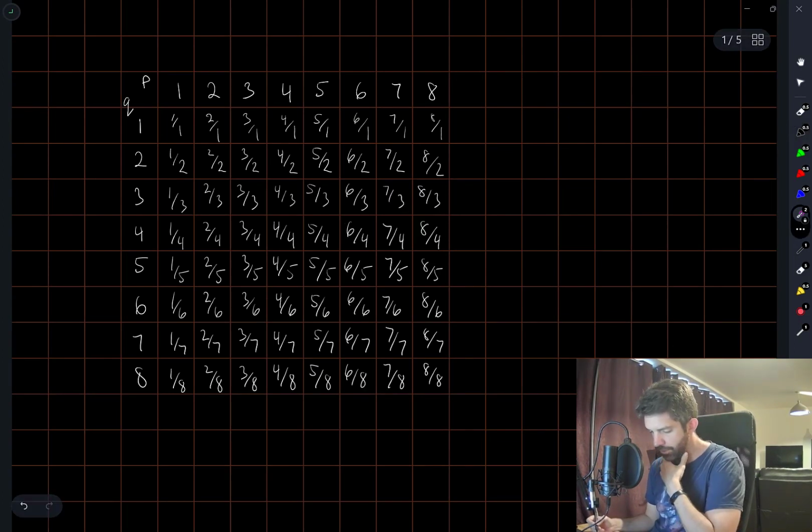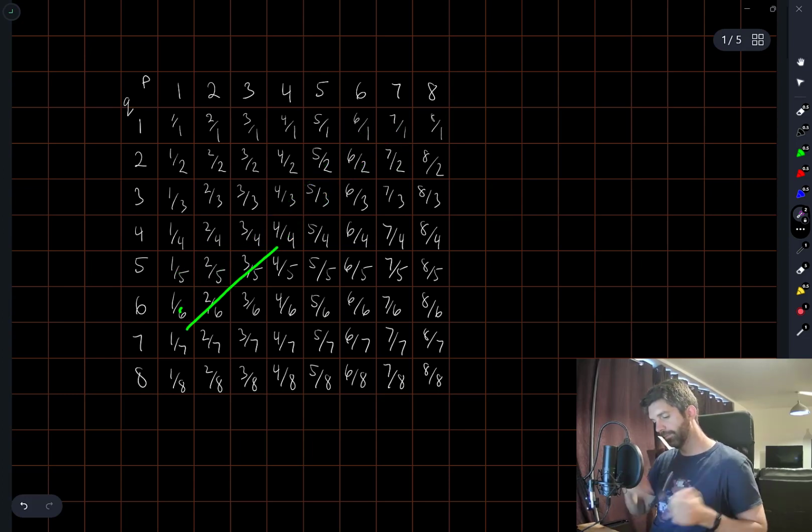Okay, so I've written out this grid up till p and q being equal to 8. And in terms of the direction things are going, like that, and then 3, 2 over 2, 1 over 3. Yeah, we're sweeping down this way to create the first list.